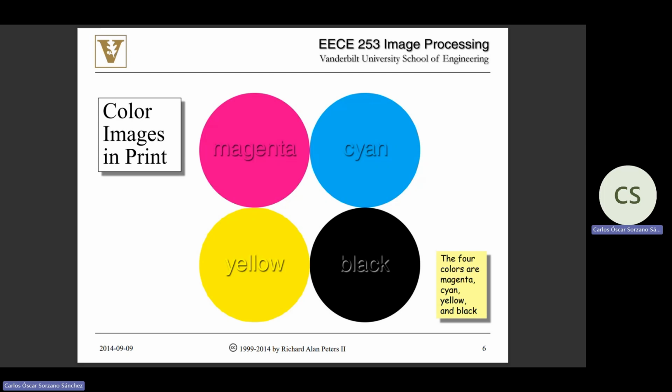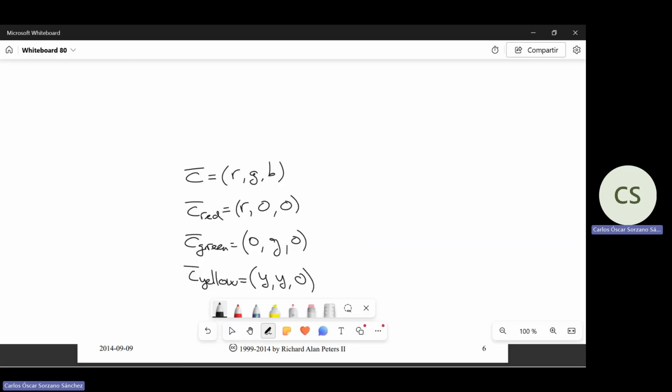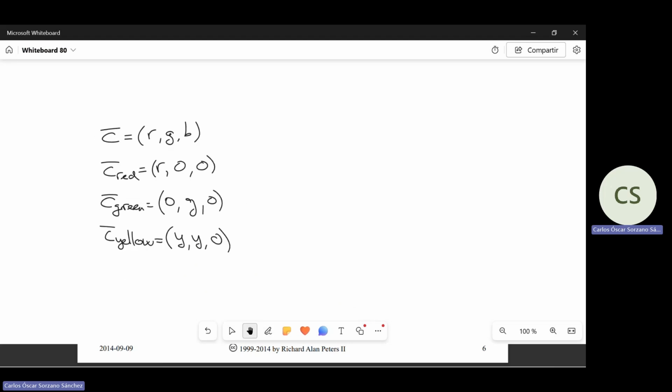But you can transform a color now for printing. For displaying in an active device like an LCD, you use red, green, and blue. But when you want to print, you construct another color, using magenta, cyan, and the other one I don't remember, yellow.